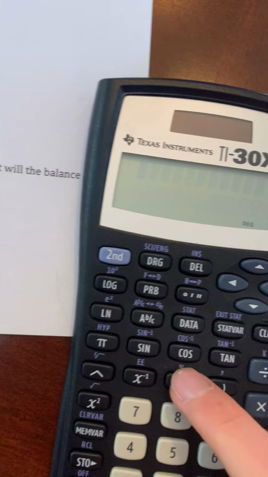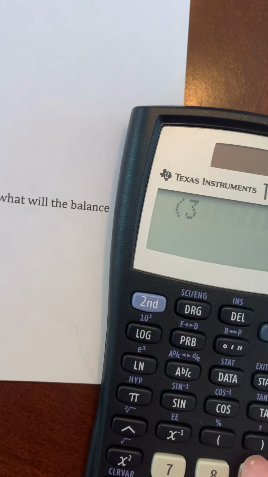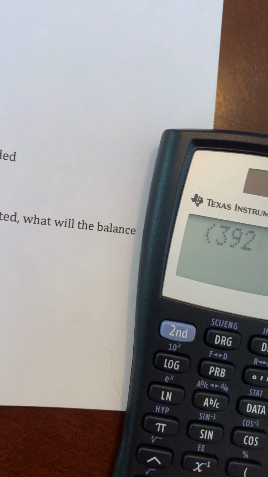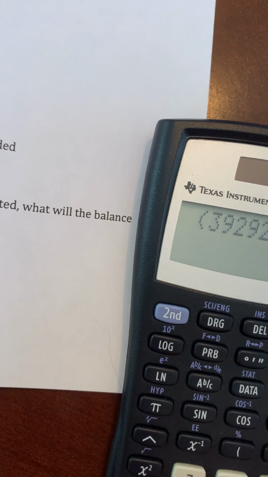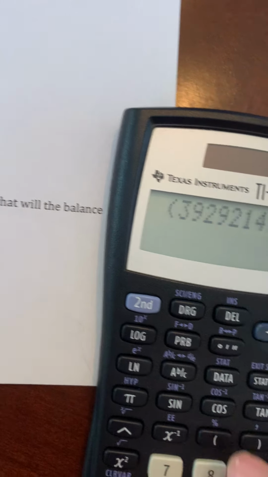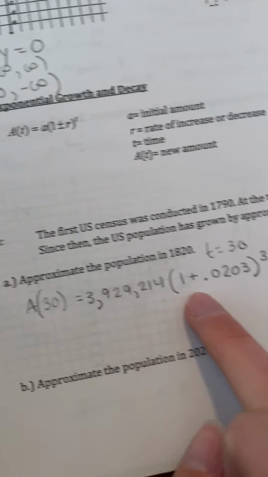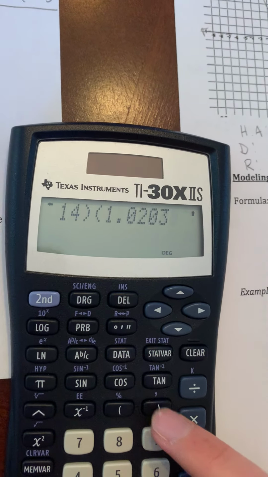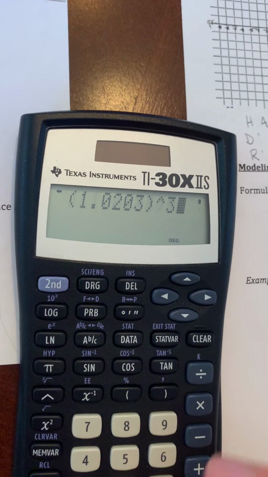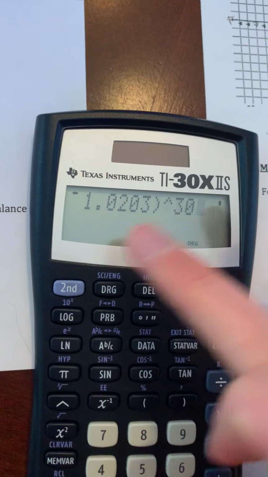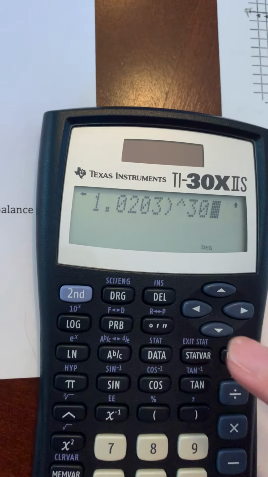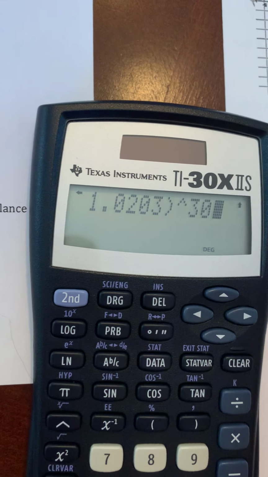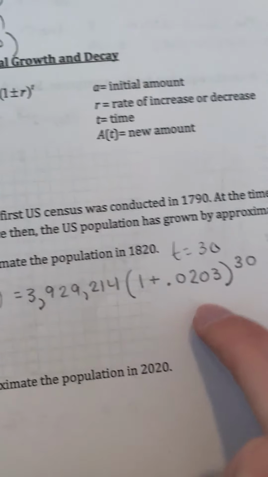So we will have 3,929,214 times the quantity of, we'll add this together, 1.0203 to the 30th power. Remember, I'm using a calculator that does order of operations, but if you're using your phone or another device that may not do that, make sure you raise to the power first and then multiply.